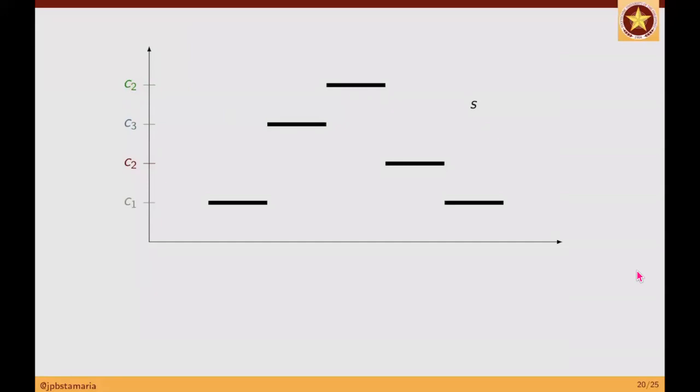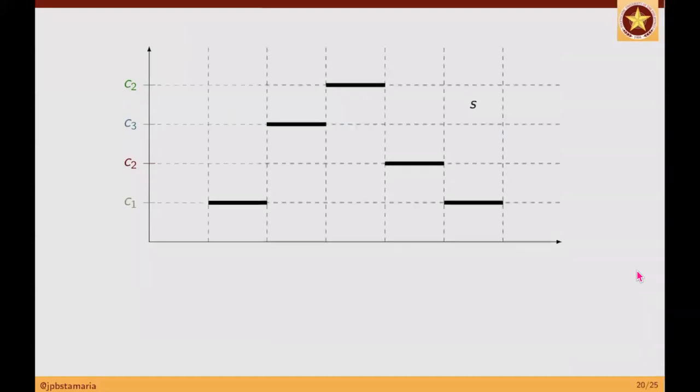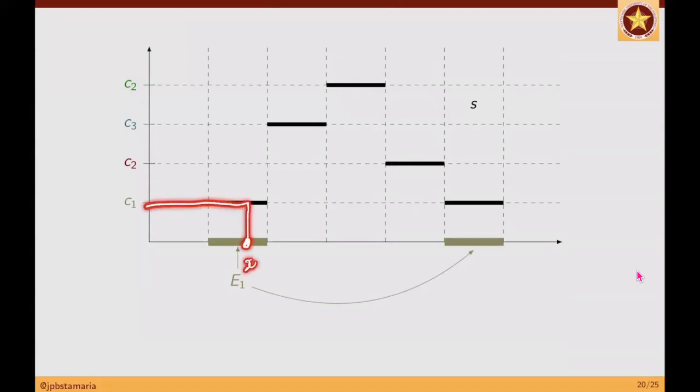Nasaan yung E1? Ang E1 is the set of all points X na ang value ay C1. Paano mo malalaman? Yung E1 yung olive color. Kasi kapag nandito ka, ang value ng S of X mo, C1. Kahit na nandito ka. So yung olive color na set dun sa domain, yun yung E1.